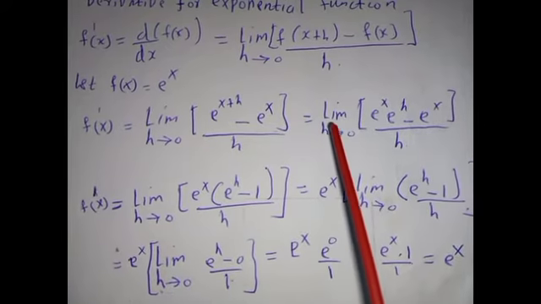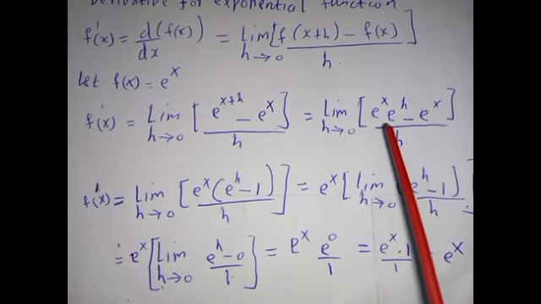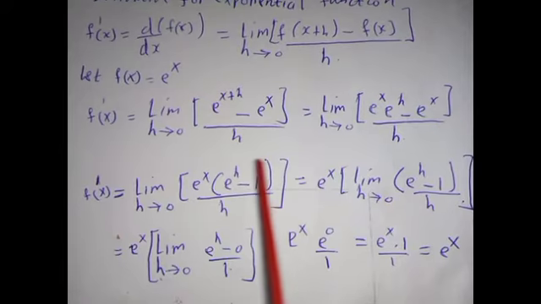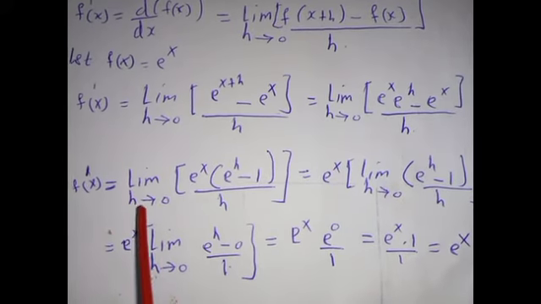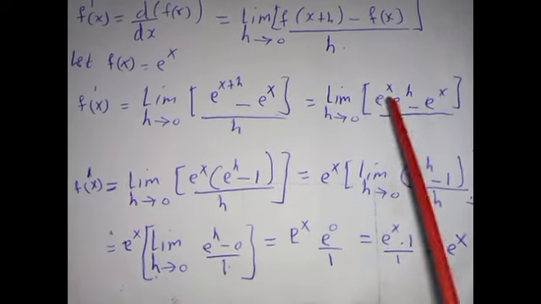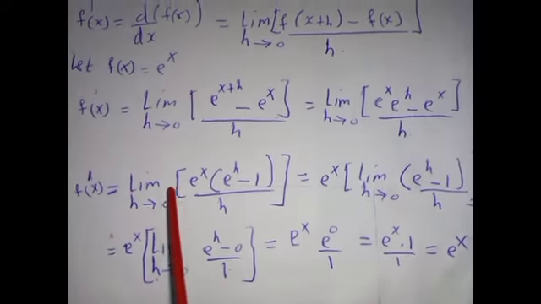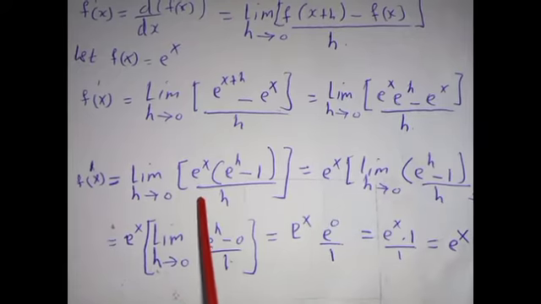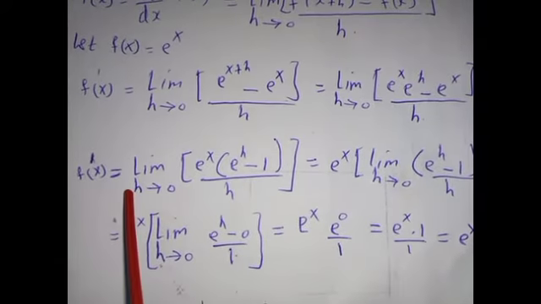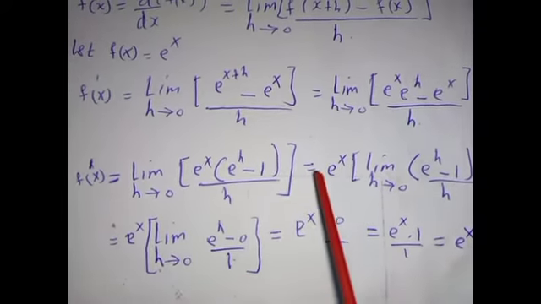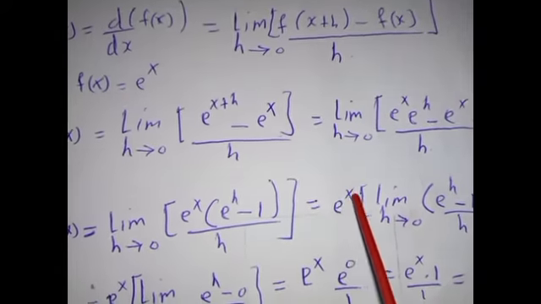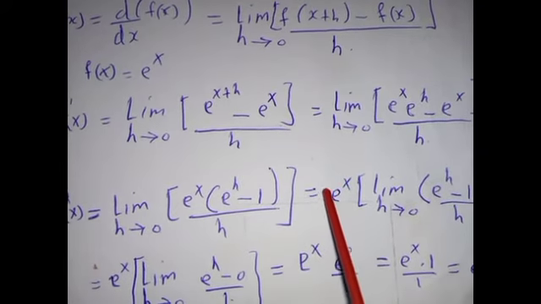Now, e^x does not depend on h as h tends to 0, so we can factor e^x out, to be left with e^h minus 1.